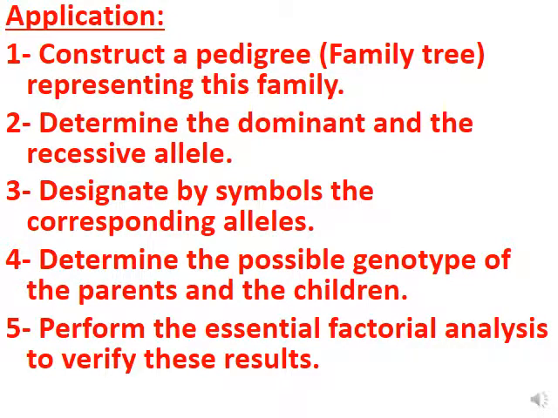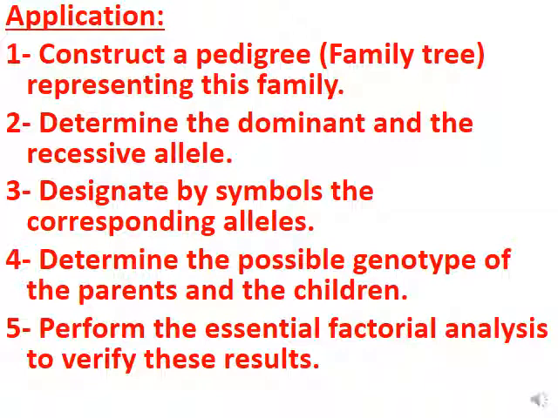Part 1, they want us to construct the pedigree or the family tree representing this family. Sarah and Maher gave birth to 4 children. We're going to represent them. All of them are normal, except for one person, who is an albino. Then determine the dominant and recessive alleles.